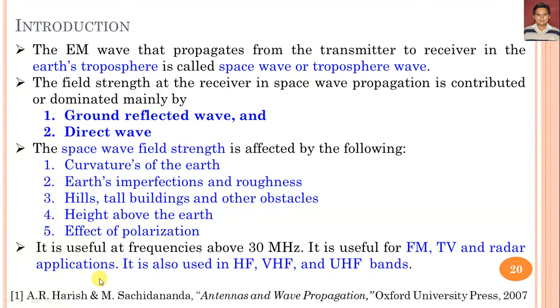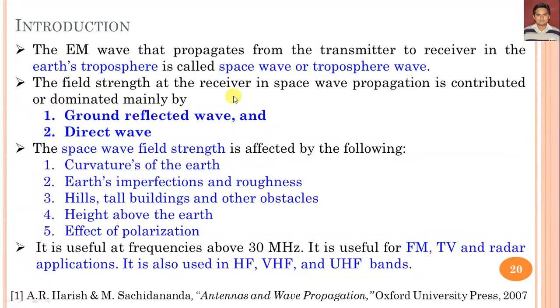As we have discussed, when the electromagnetic wave propagates from transmitter to receiver in the earth's atmosphere, it is called a space wave or tropospheric wave propagation.